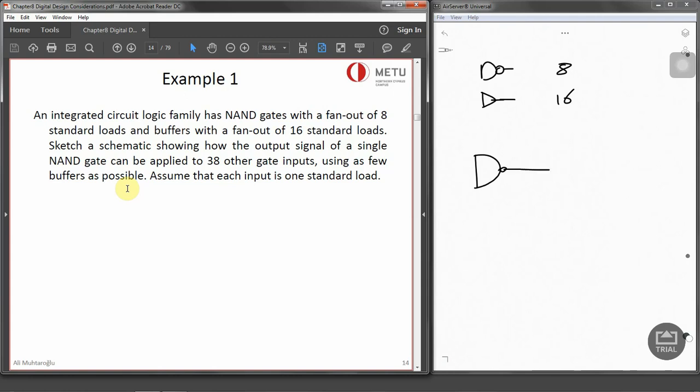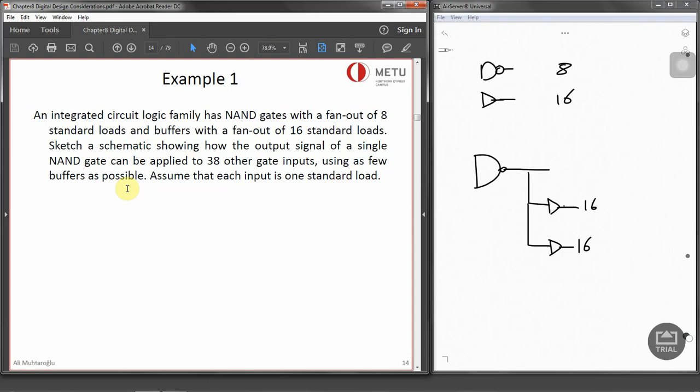Now in total we need to have 38, so our NAND gate has to drive 38 loads. Each of these buffers can fan out to 16 standard loads. That means we can divide this into 3. If I have one buffer, that will give me 16 inputs. Then if I have another buffer, that will give me another 16 inputs.